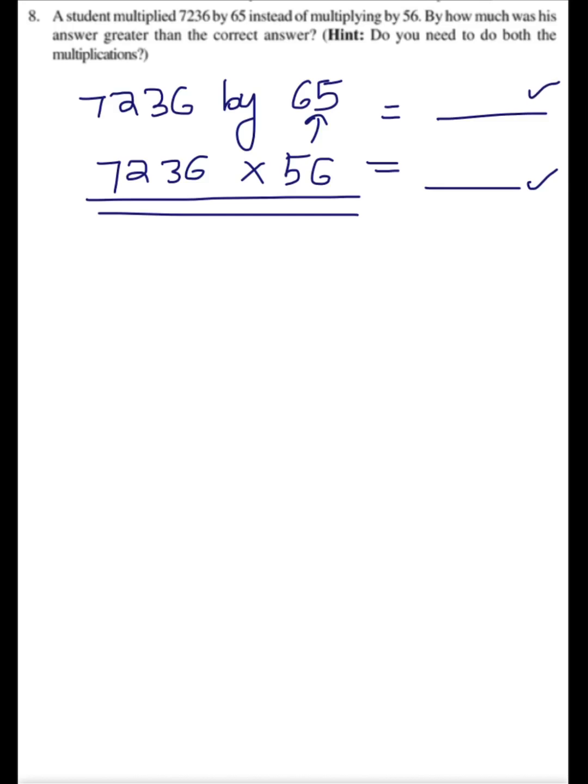We need to find the difference between these answers. That means we have to subtract the correct answer from the answer that he got now. So instead of doing all these steps, you have to do only one simple step.